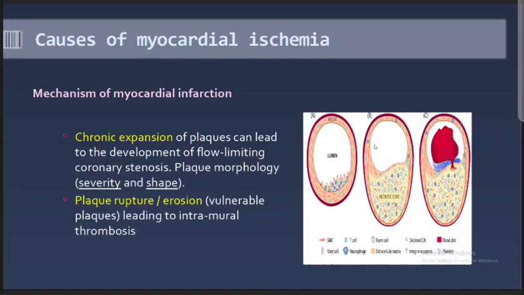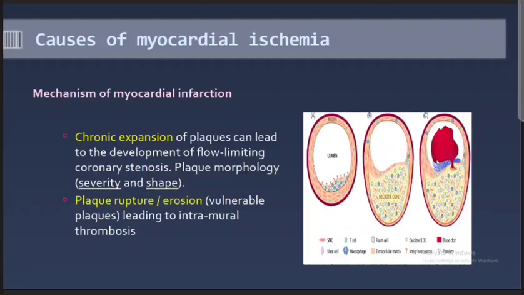The other way to produce ischemia is the rupture of the plaque. The plaque could be not of large size; it could be medium or even small. But when its fibrous cap is interrupted, there is exposure of its thrombogenic components to the blood, and this leads to thrombosis.